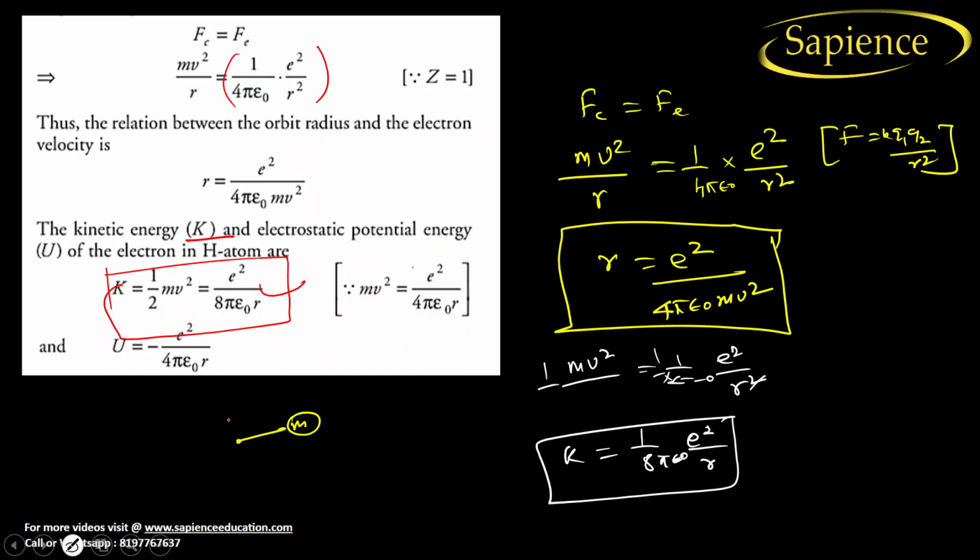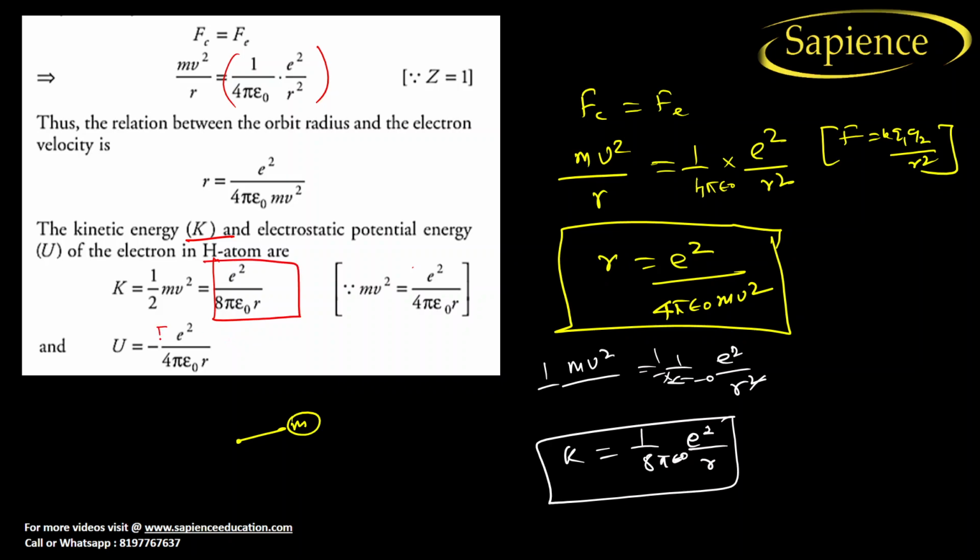And if you talk about the potential energy, just now we have understood that potential energy will be equal to q1 q2 by r. So we have got two types of energy, kinetic energy and potential energy. Just observe it properly. Kinetic energy is e square by 8 pi epsilon naught into r.